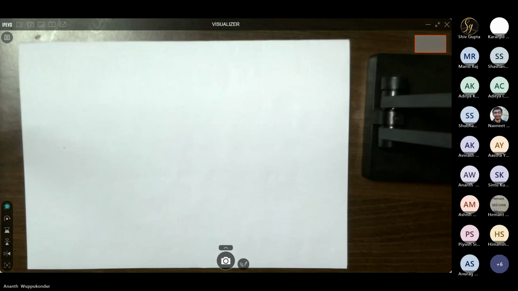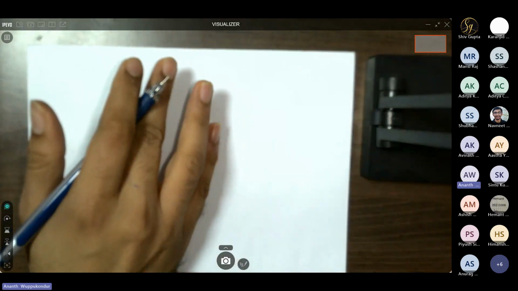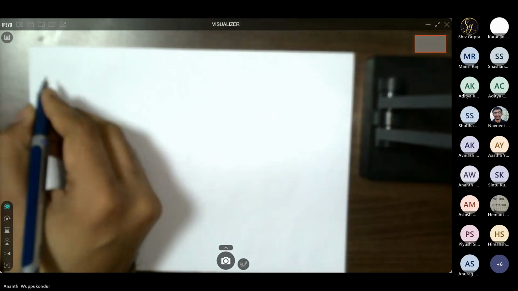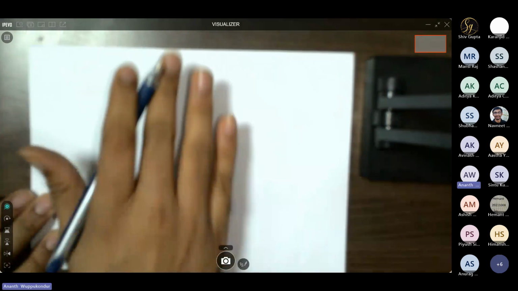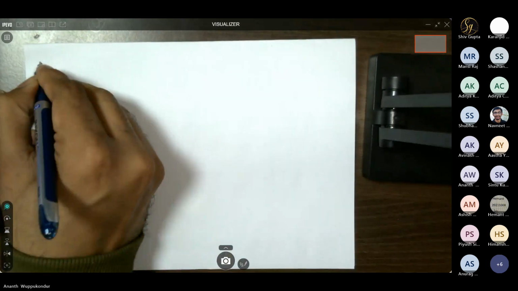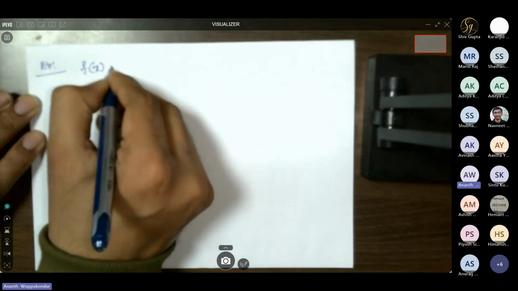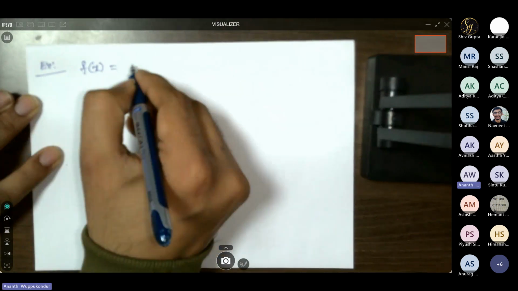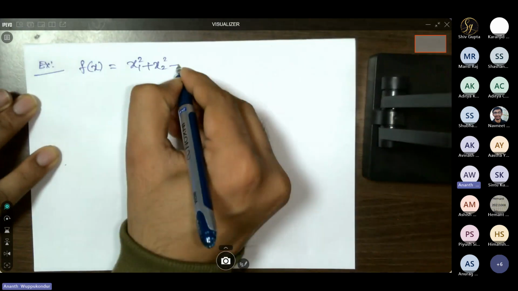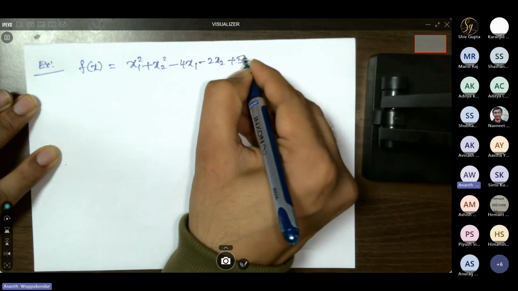Now, let us look at an example. For example, let us say I have a function f of x, which is x1 square plus x2 square minus 4x1 minus 2x2 plus 5.